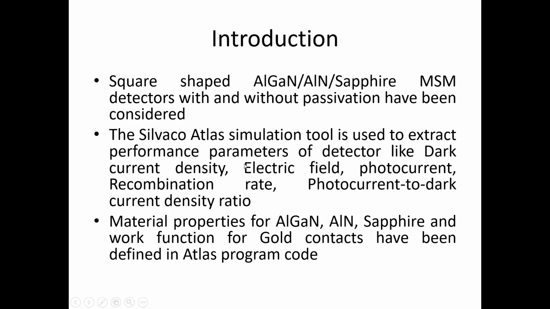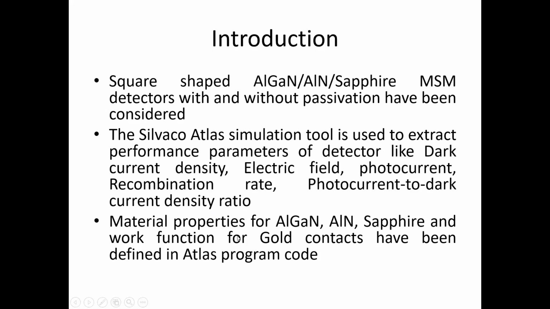We have used a program in DevEdit, and we have extracted various key performance parameters of the detector like dark current density, electric field, photocurrent, recombination rate, and even photocurrent to dark current density ratio.